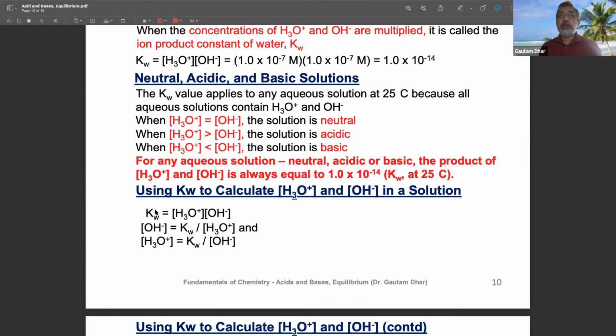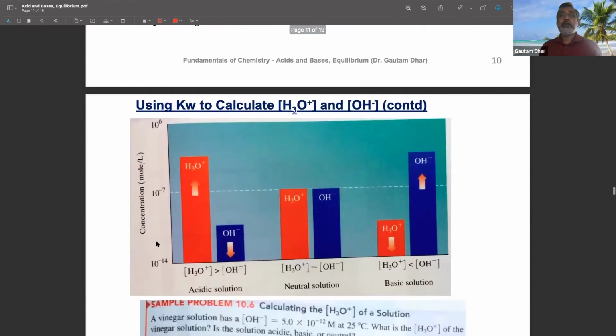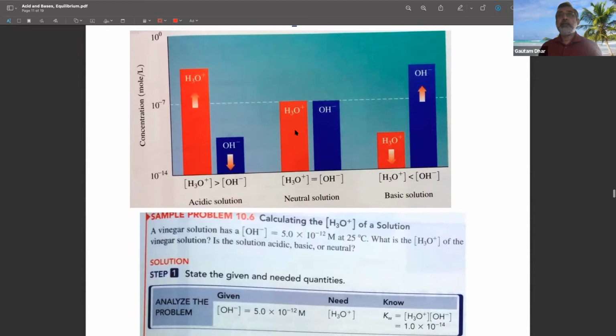Because of this equation, we can now calculate either OH minus or H3O plus given the other. So you can look at some examples here. This is a neutral situation, with equal amounts of H3O plus and OH minus. If the H3O plus increases, then OH minus must go down. How much? So that the product is still 10 to the power minus 14.